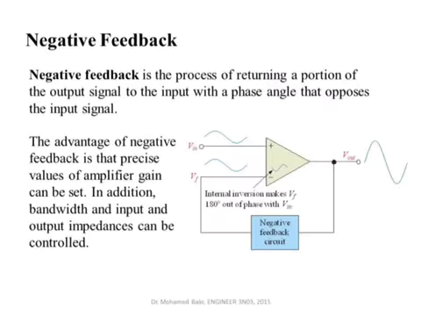I explained in the previous lecture that an OpAmp by itself has a very high gain. An ideal OpAmp will have an infinite gain. A practical OpAmp will have a gain of, say, 10 to the power 5, 10 to the power 6. The problem is that you're not really able to amplify a signal the way you like.